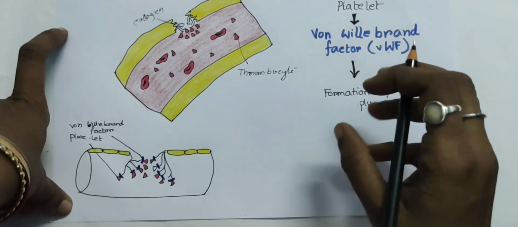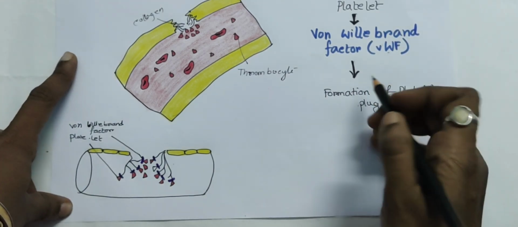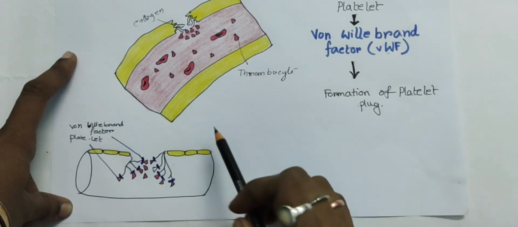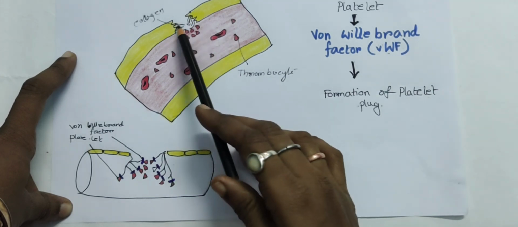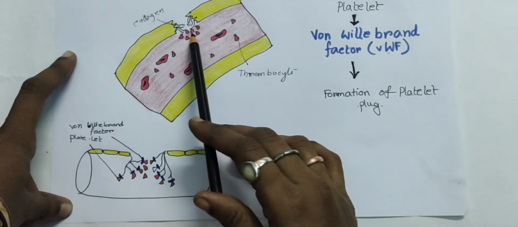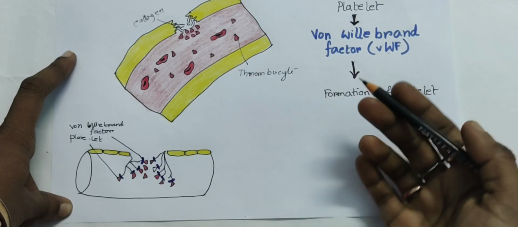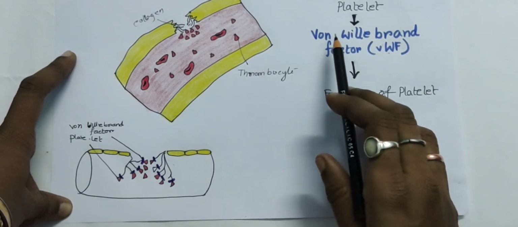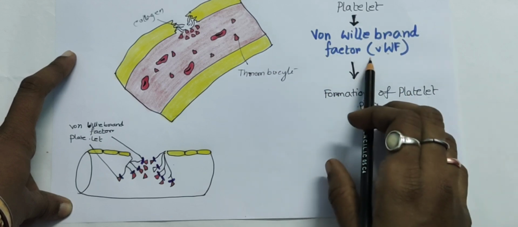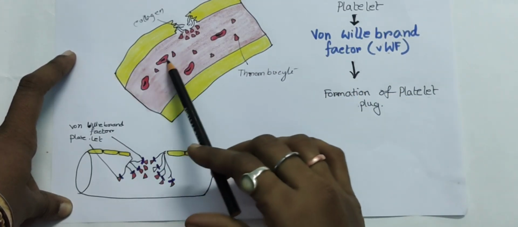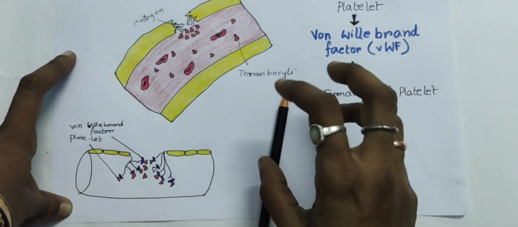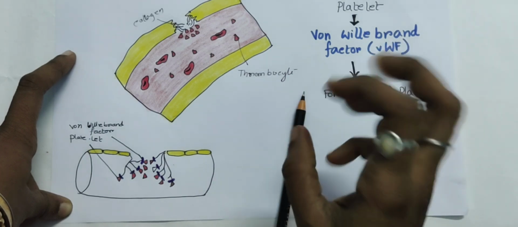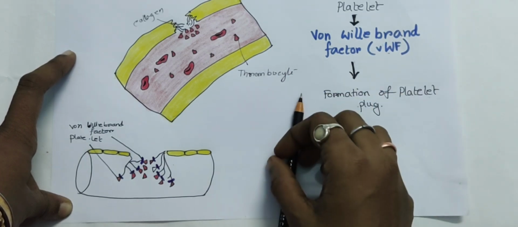Sometimes some people get mutated and that factor is not produced. In that case, platelets do not get attached to the collagen fibers. And some people overexpress that gene and produce more von Willebrand factor, which passes with the blood plasma and catches the platelets, forming a clot within the blood vessels.